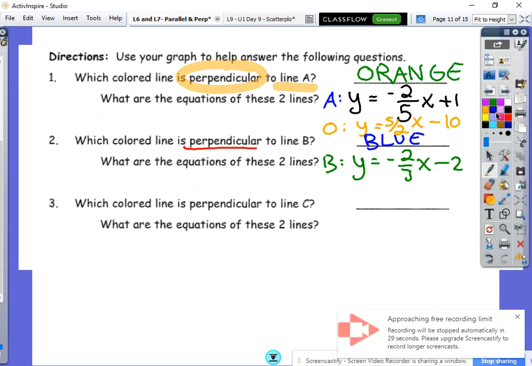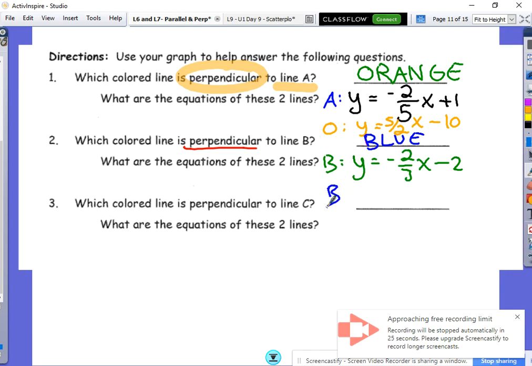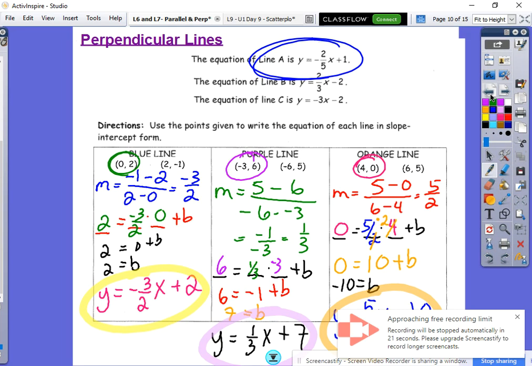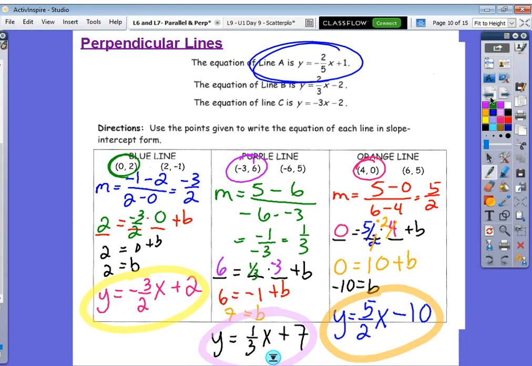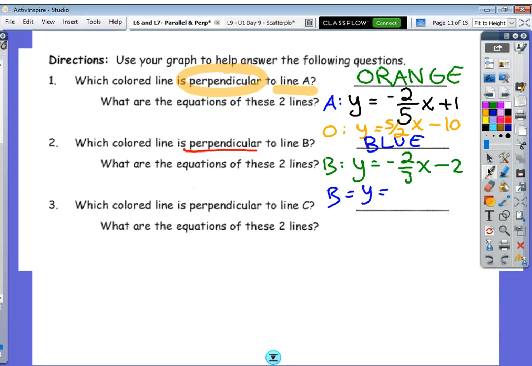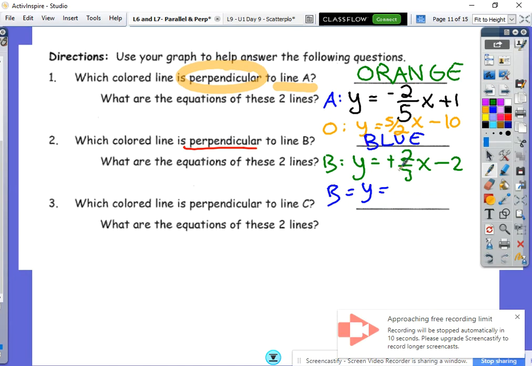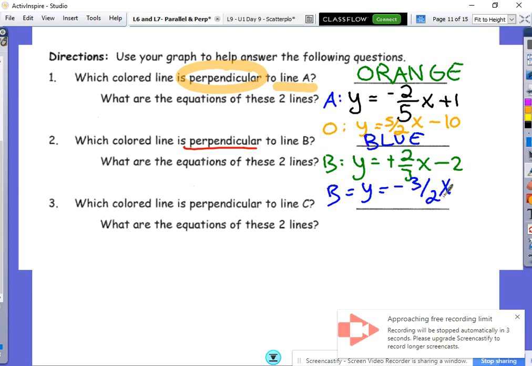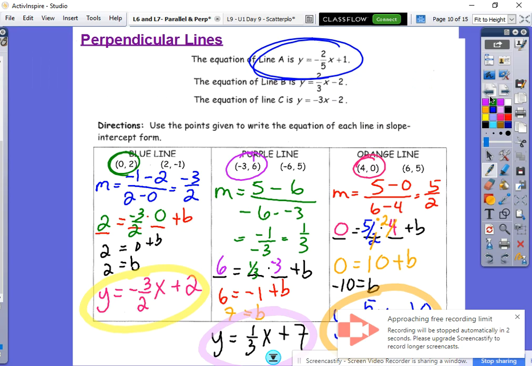And then the blue equation itself, the blue equation was y equals positive 3 over 2. So I was incorrect actually. The blue equation, this one should have been +3 over 2. And the blue equation is going to be 3 over 2x plus, what was it? Plus 2.